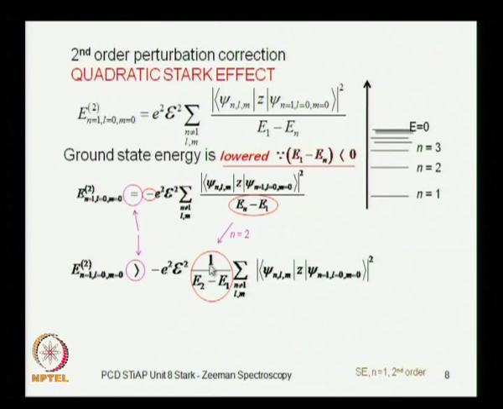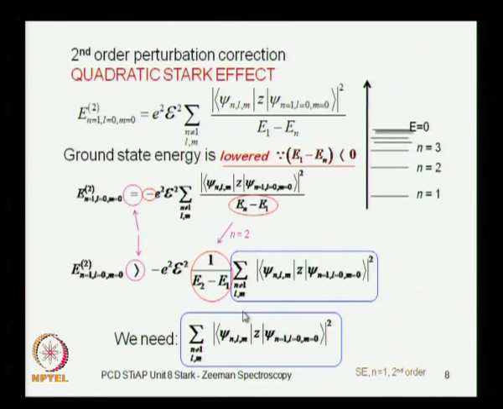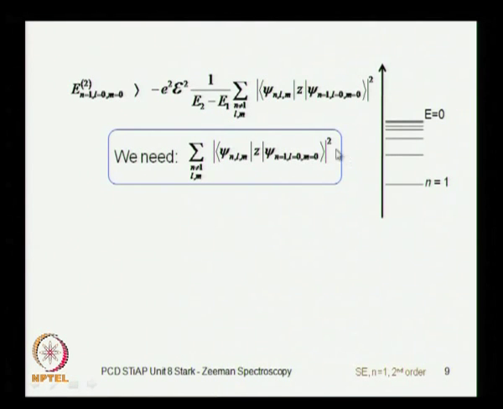So this is a certain bound that you get, and now what we want to determine to get this bound is this summation over all values of n going from n not equal to 1. So it will go from 2 all the way up to infinity, and then of course you need to sum over corresponding values of L and M as well. So this is the quantity that you want to determine. So let us see how we do that.